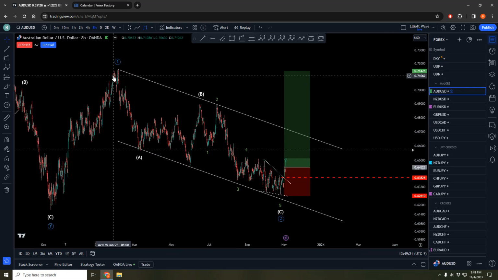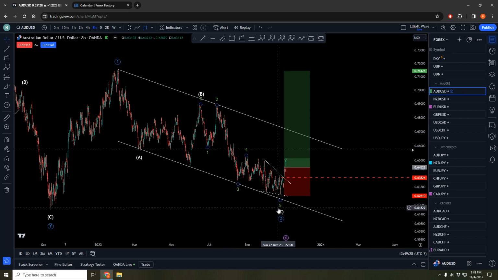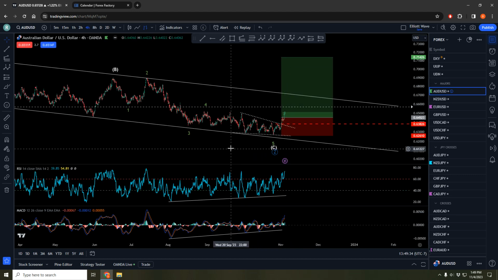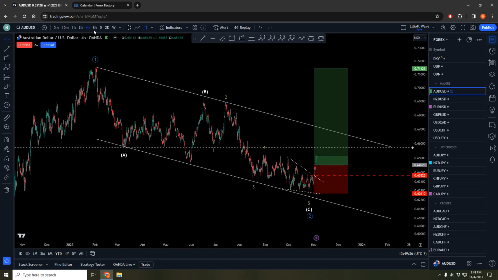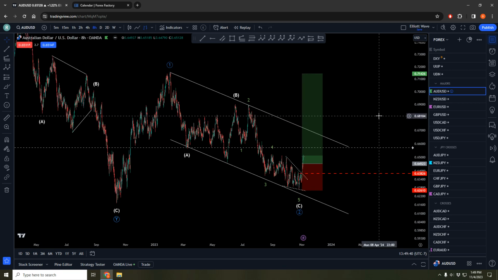And we can see a nice A, flat B, 1, 2, 3, 4, and a nice ending diagonal to end 5 of C here. That's combined with a lot of great RSI and MACD momentum divergence.